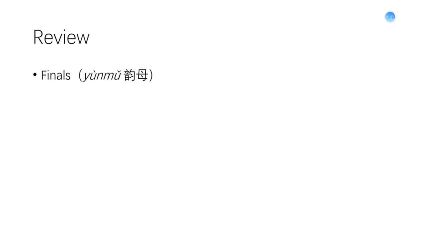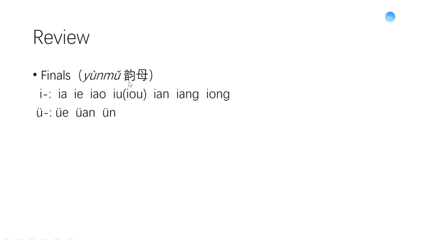Okay, and we learned two groups of finals in lesson 3, right? 韵母, finals. They respectively begin with E and begin with Ü, right? So let's review the finals of lesson 3.